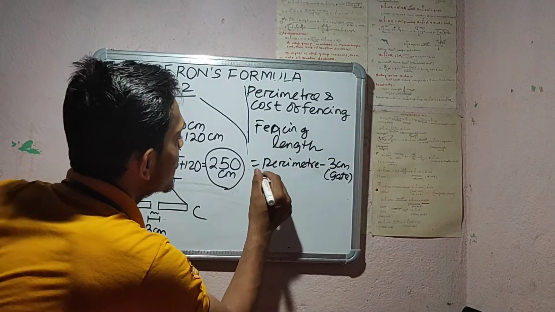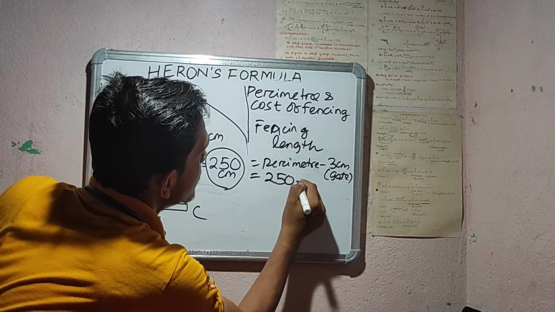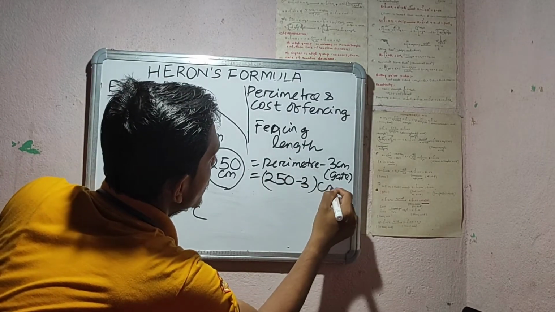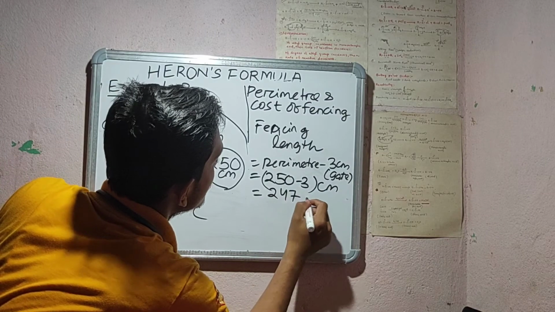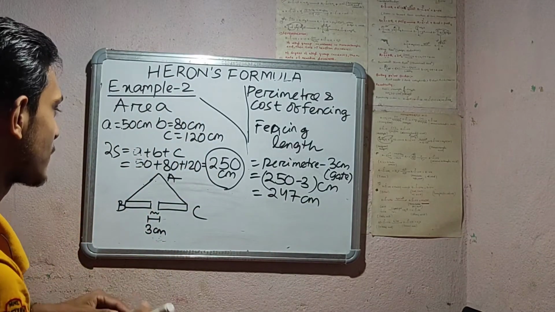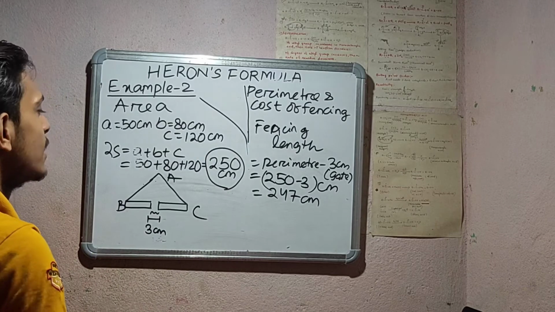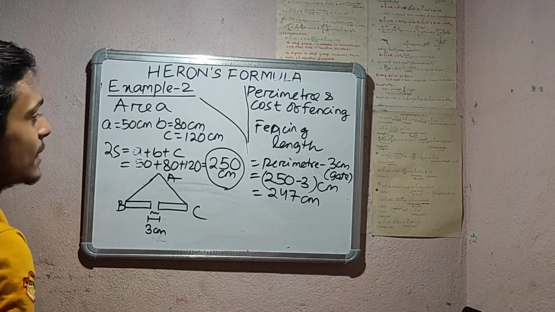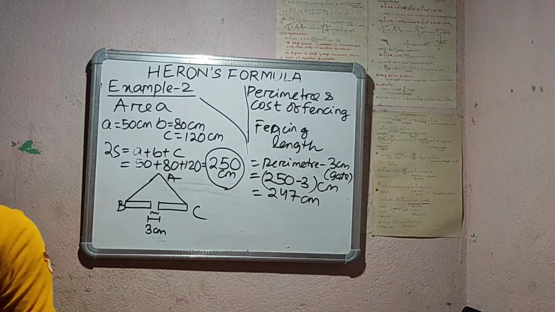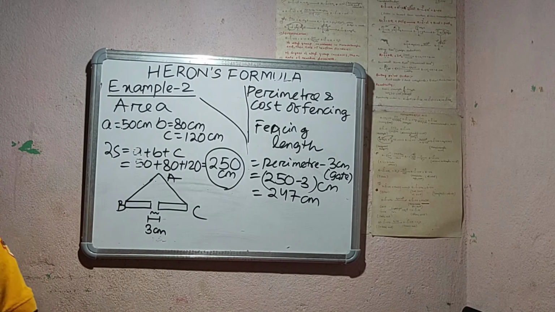So what is the fencing length? That is 250 minus 3 centimeter, that is 247 centimeter. This is your fencing length. Then we have to fence, but the question is the fencing area.